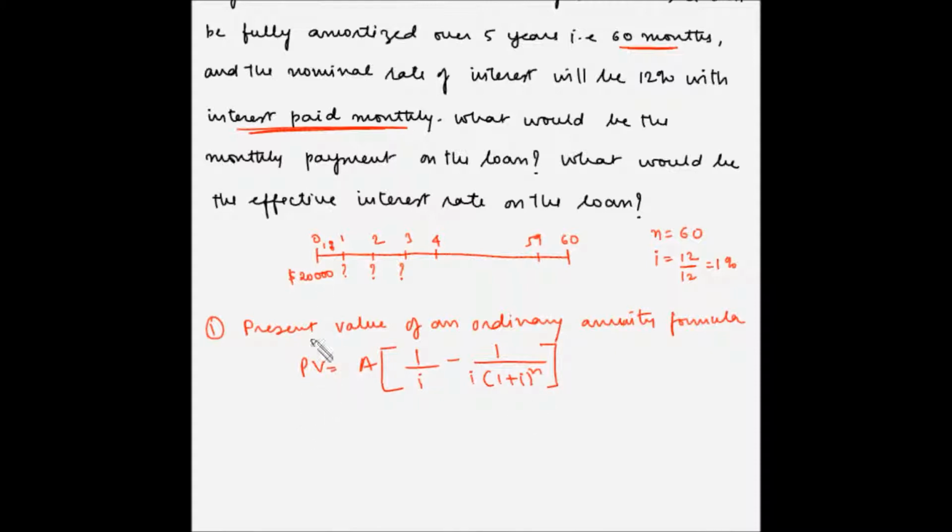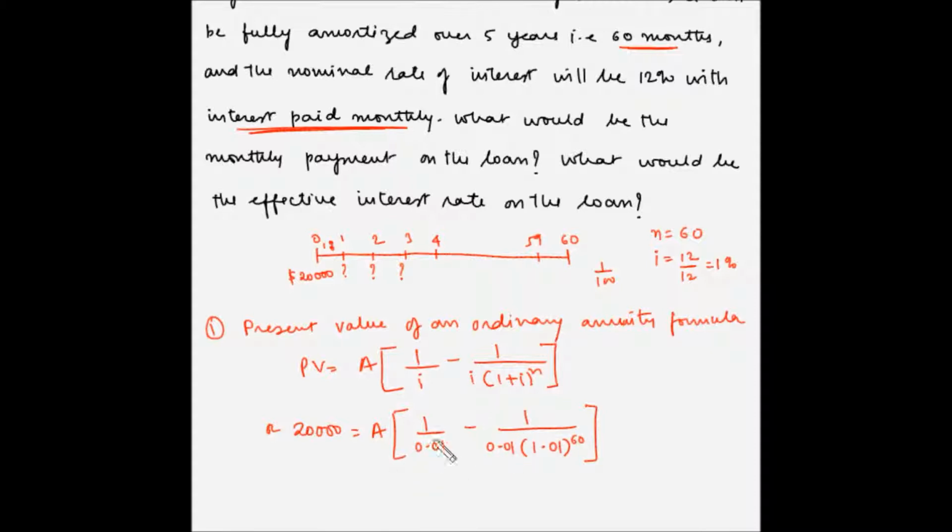Now present value is $20,000, so 20,000 is equal to A, which is what we want to find out, into 1 divided by I. I is 1%, and here we have to express this as 1 divided by 100, so 1 divided by 100 is 0.01, minus 1 divided by 0.01 into 1.01 to the power n. N is 60.